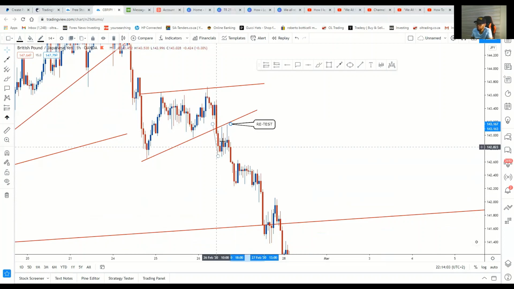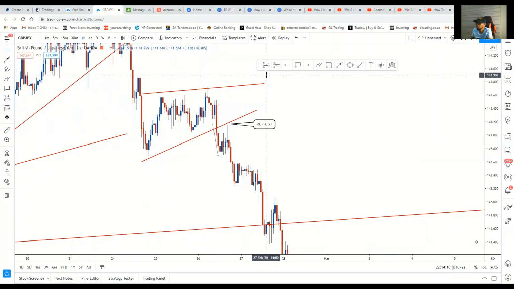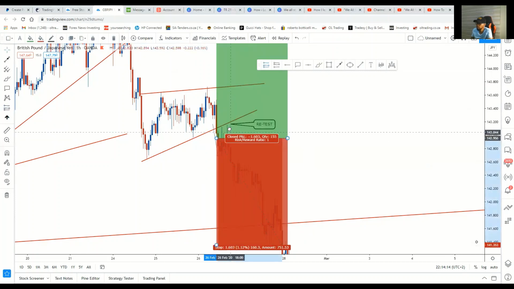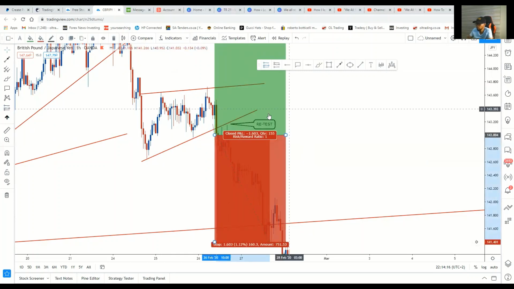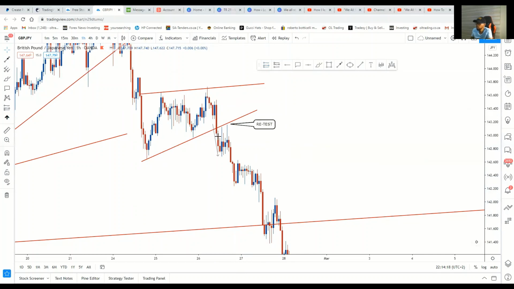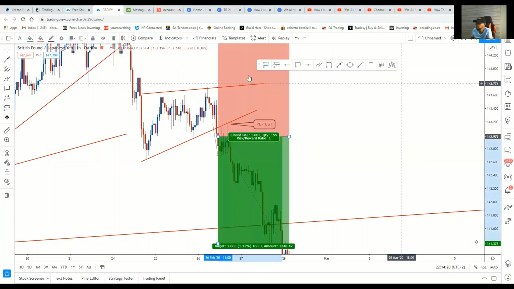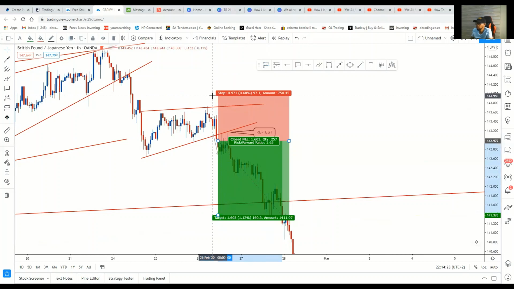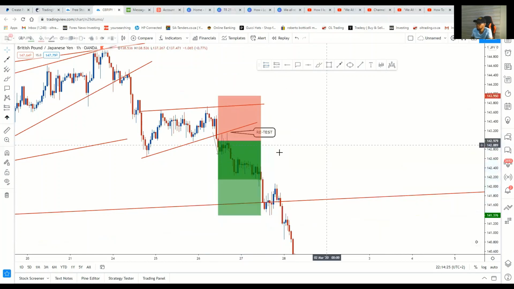You wait for the break, because you must understand that the minute it breaks, if you take your trade after it is broken, you will take this type of positions.